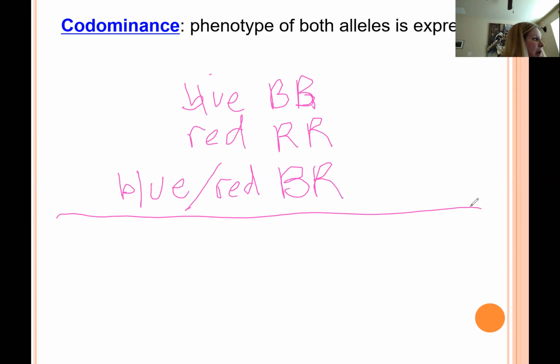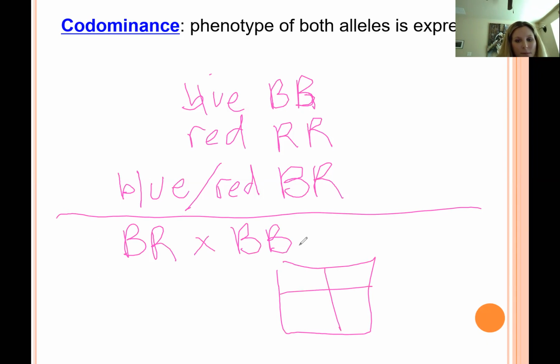So number 3 says, what happens if you breed a patchwork fish with a fish that only has blue scales? All right. Easy, right? I'm kind of running out of room, so I'm just going to do it like that, and then I cross them.